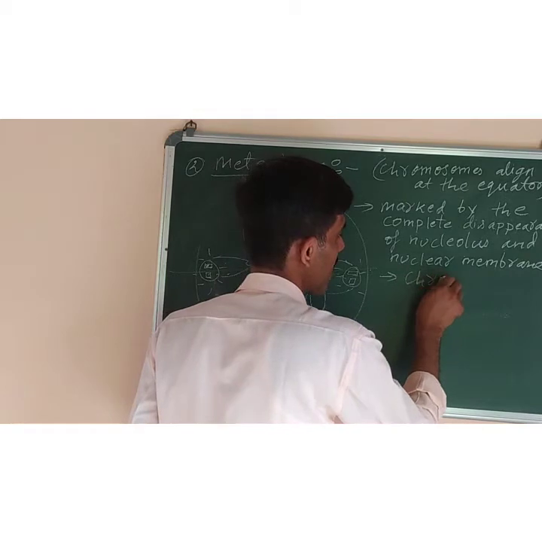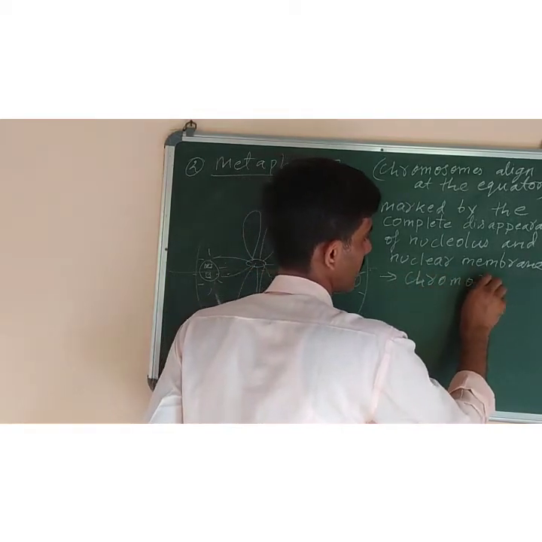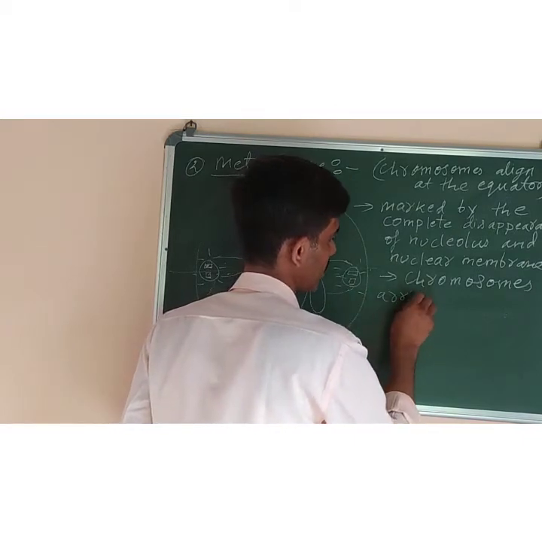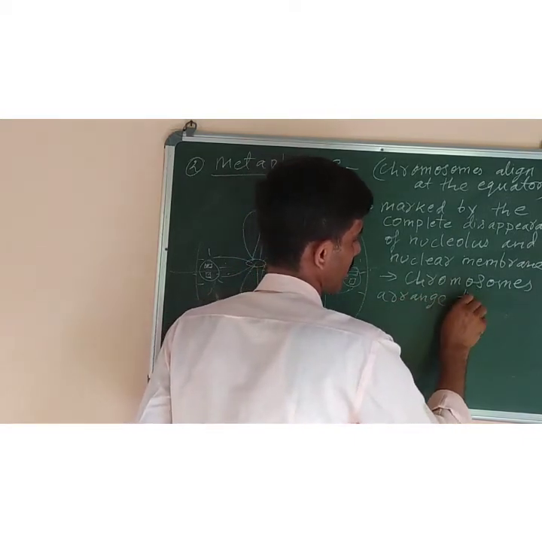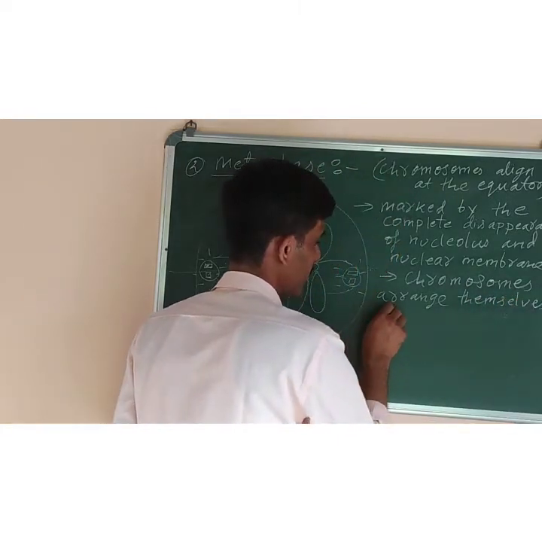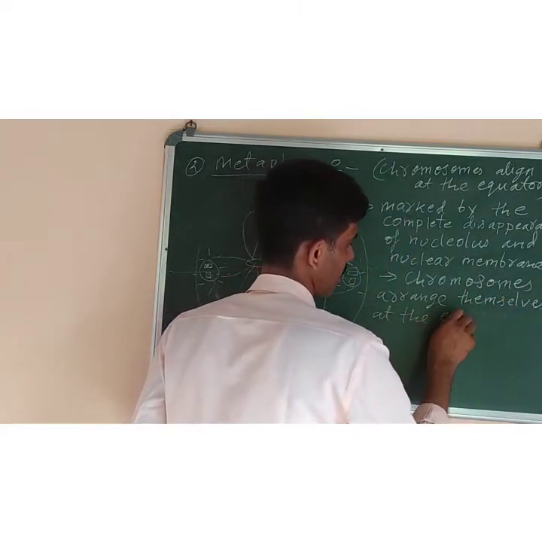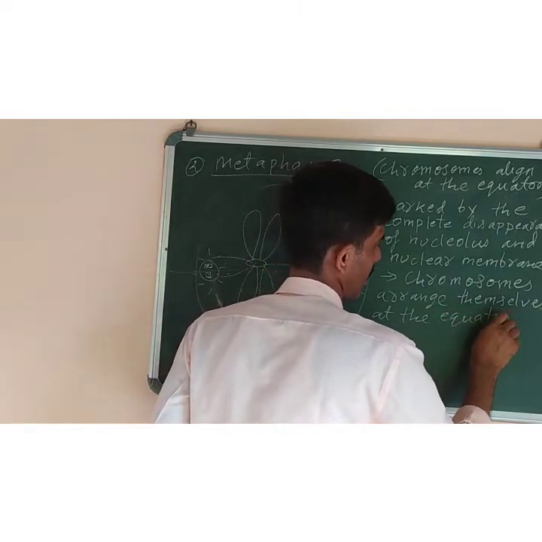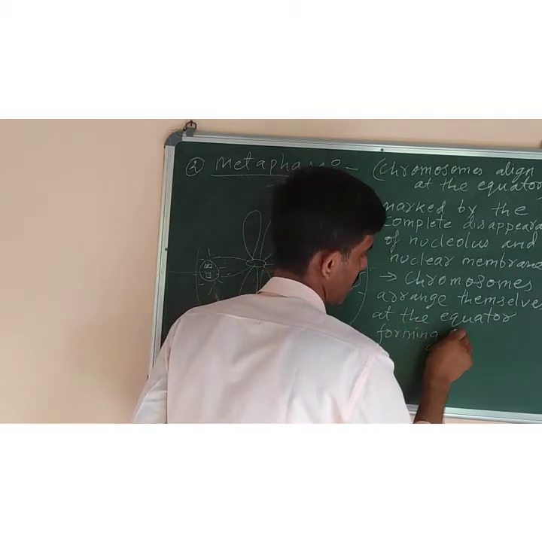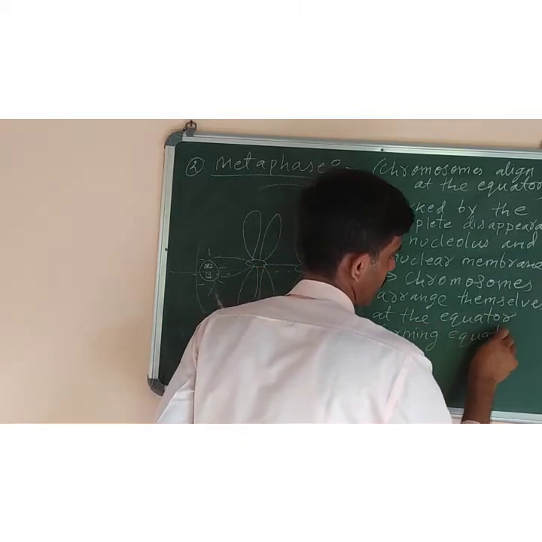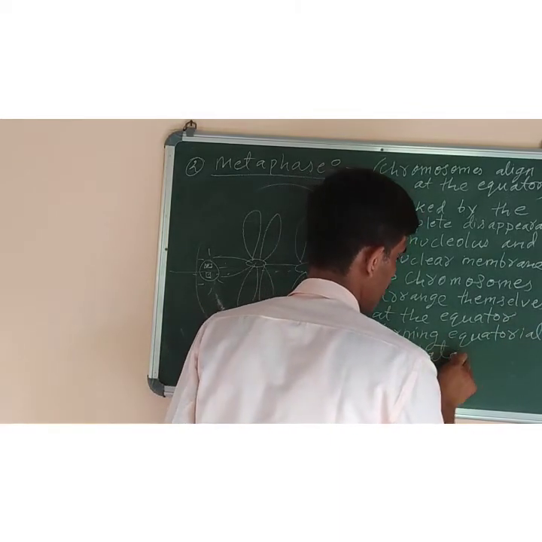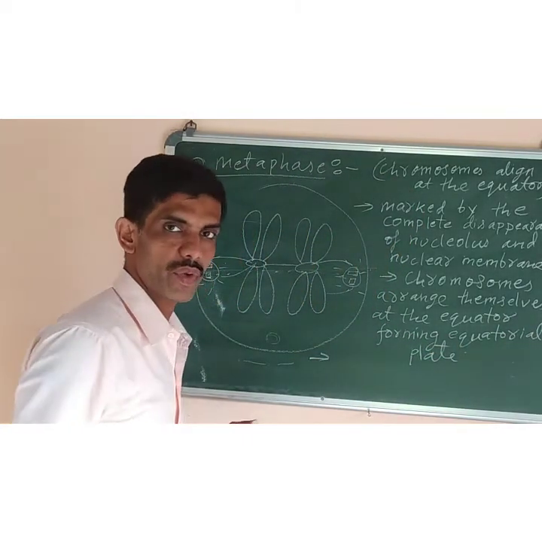Chromosomes arrange themselves at the equator, forming the equatorial plate. Okay. Now, any more event which happens?